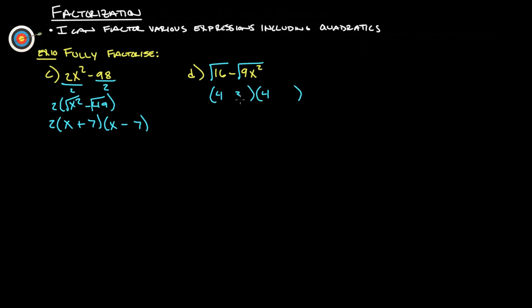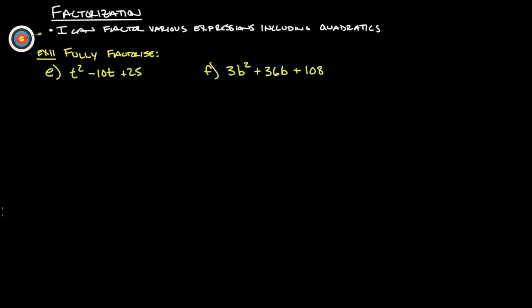Square root of 9 is 3. Square root of x squared is x. So we got 3x and 3x. One's positive, one's negative. And there's our difference of squares. These, hopefully, as you do more and more of them, will become a little bit easier to recognize. Okay? All right, next one.